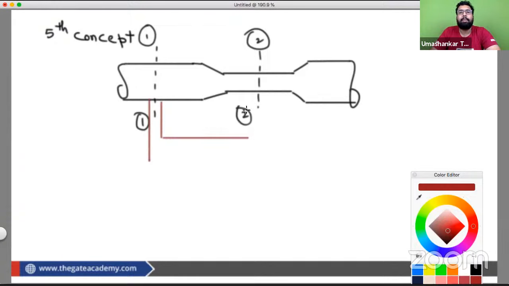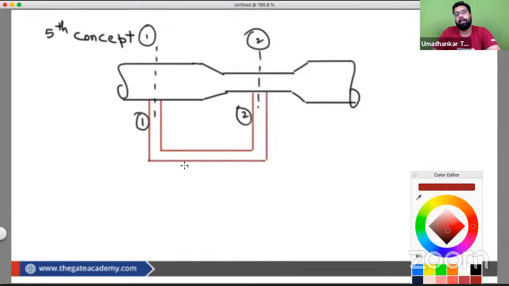So if I apply a manometer in here like this, and in the manometer, obviously we have some manometric fluid, which has a different density compared to the density of the fluid flowing inside the pipe.